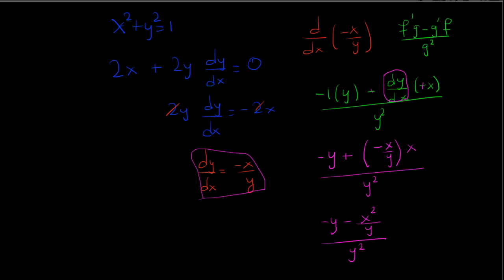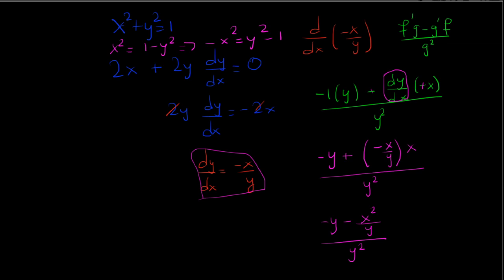So going back to the original problem, we have x squared plus y squared equals 1. That means if I move everything to the right except the x squared, x squared will be 1 minus y squared. So negative x squared would then be y squared minus 1.